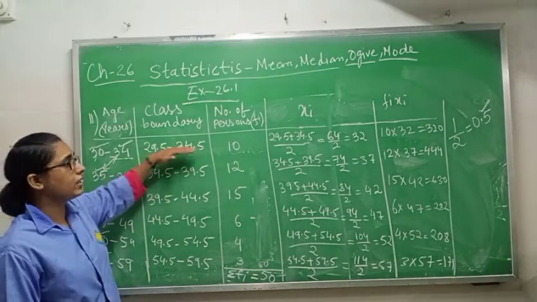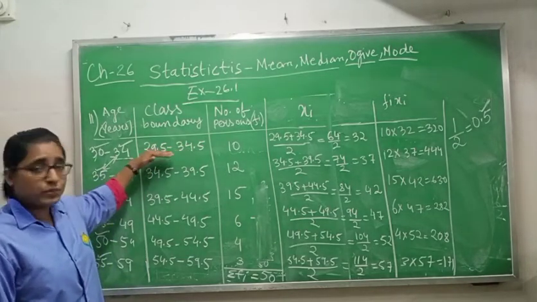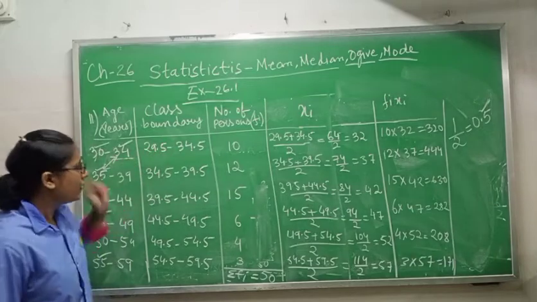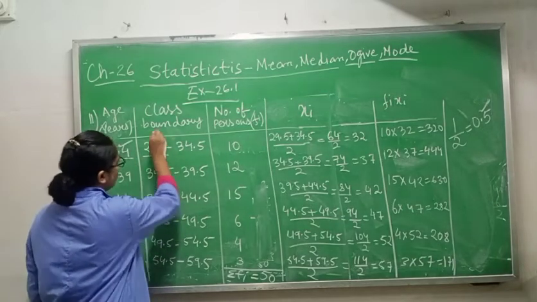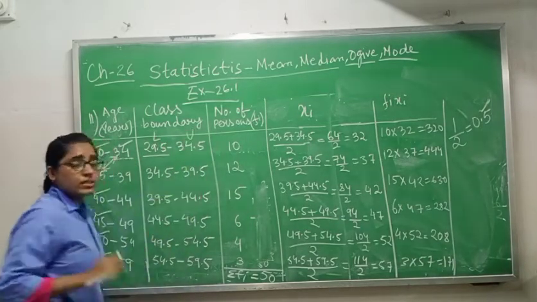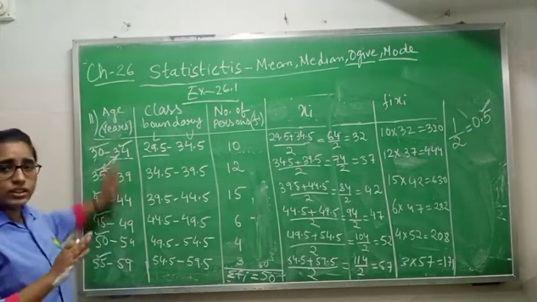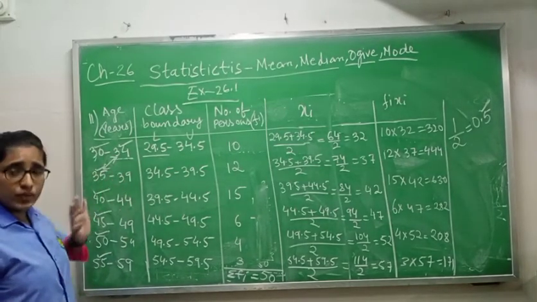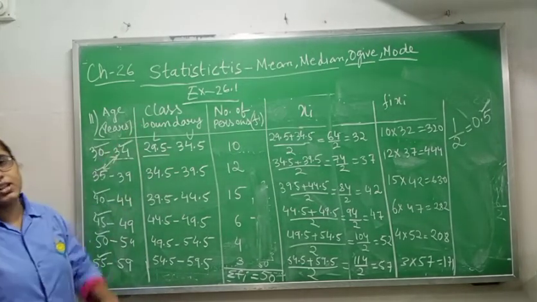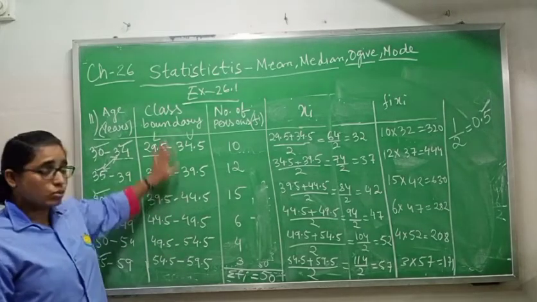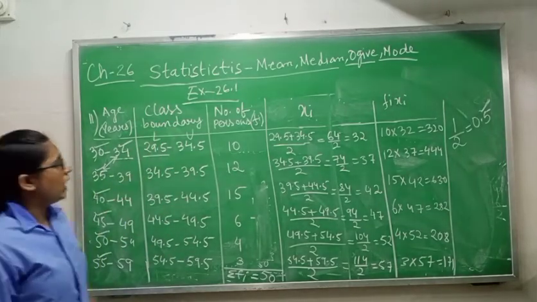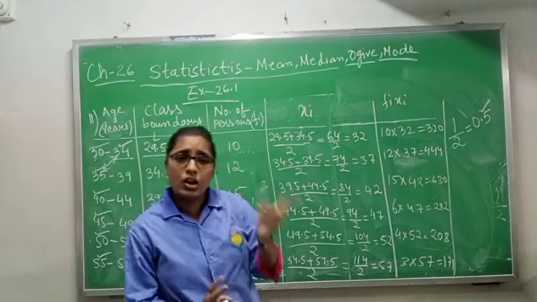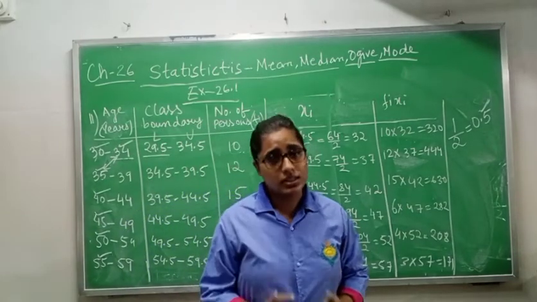So first we make this equal. After making it equal, we take the lower limit and upper limit from these. Now we will not see the age in years, we will see only the class boundary. And this is known as the class boundary.